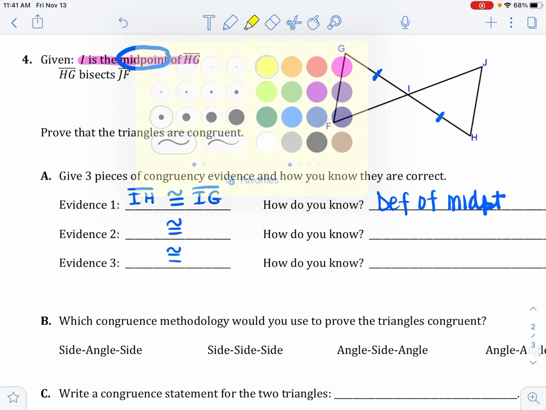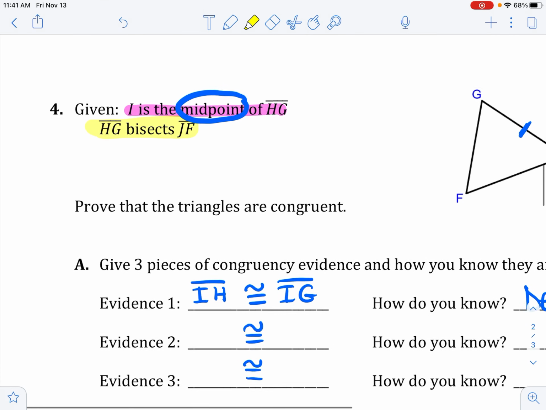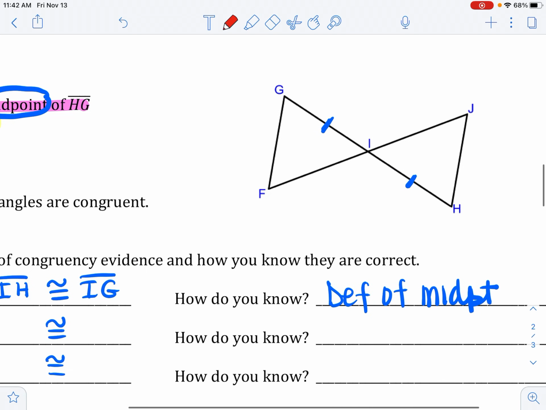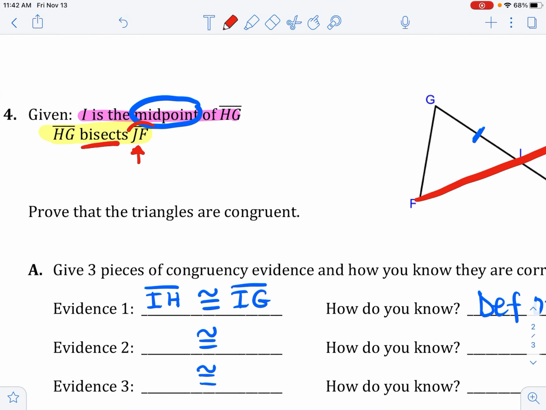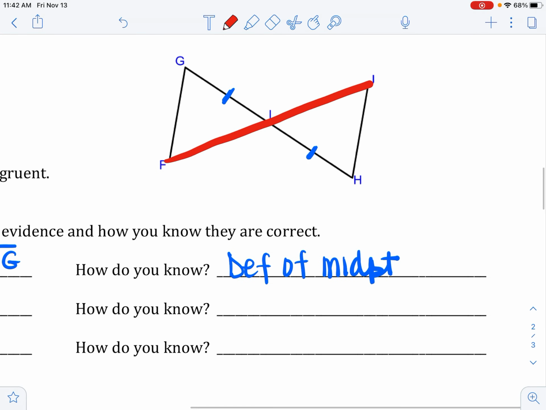All right, next, let's move on to our next given here. HG bisects JF. So go over to JF. I'm going to trace in red JF right here. It is bisected, meaning it's cut into 2 congruent parts. Also, please realize this is a segment. So this is going to give me 2 congruent segments, not 2 congruent angles.